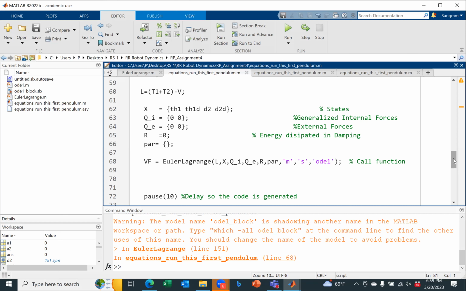Basically this is the piston. This distance is constant, which is L1. And this distance is changing, which is D2 as a function of time. D2 is changing. L1 is constant.